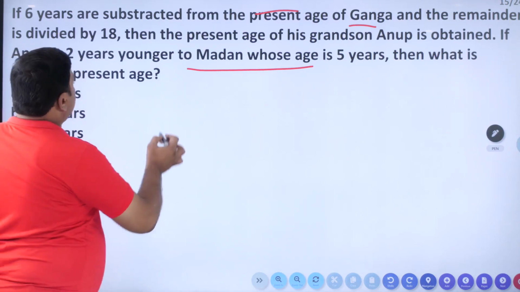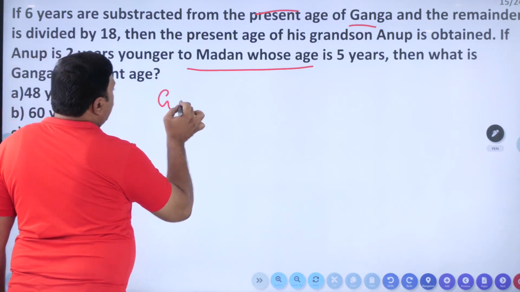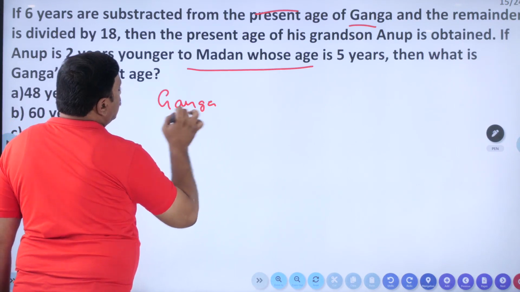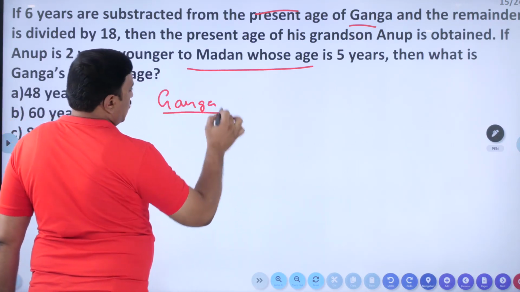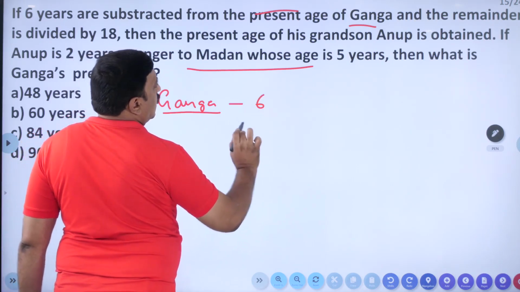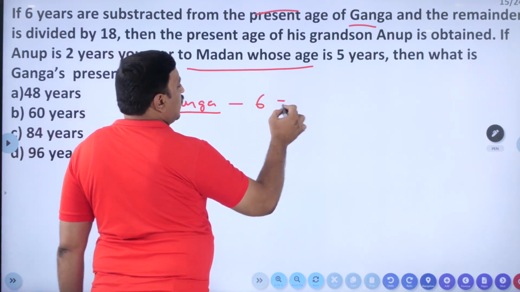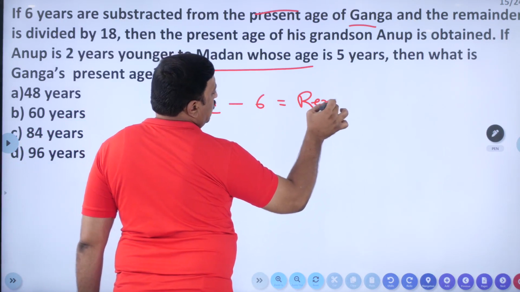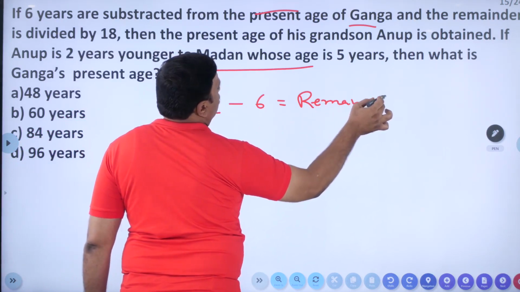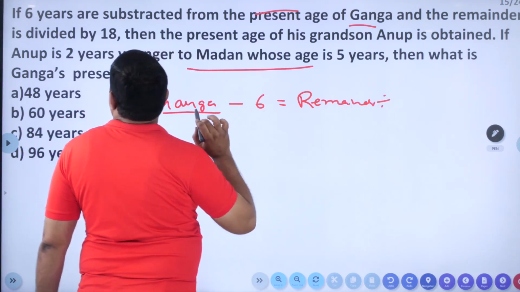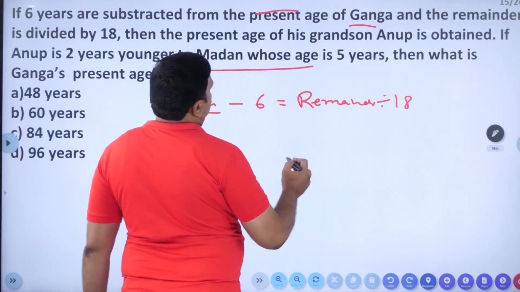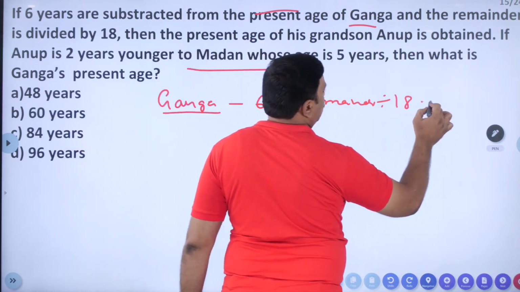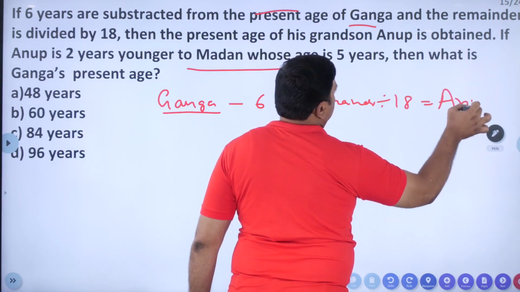First Ganga is there, right? So from Ganga, what we have to do? From Ganga, we subtract 6 years, and the remainder, whatever you get, this remainder is divided by 18, then Anup's age will come. That is, this is equal to Anup's age, okay?